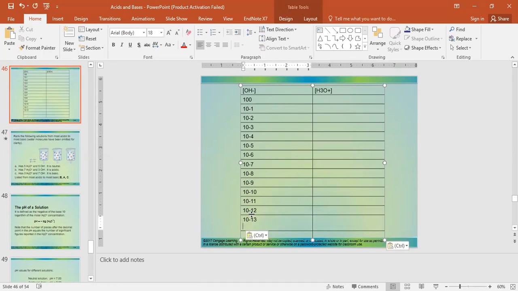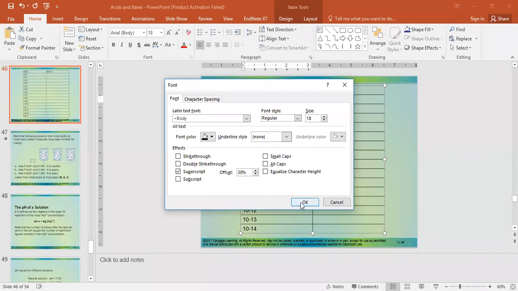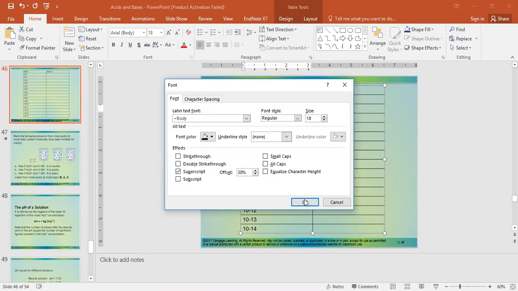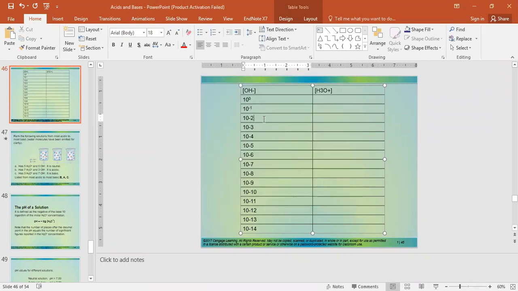So let me put that. And then 10 to the power minus 14. So if now I can put this one to power 0 superscript, 10 to power minus 1, also superscript 10 to power minus 2.